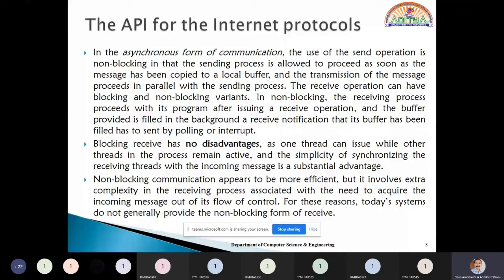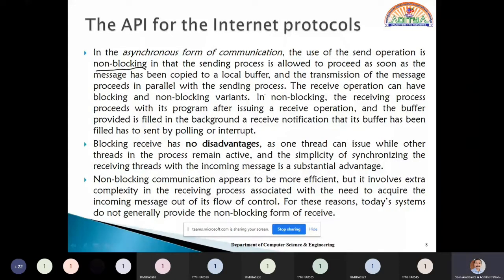It is non-blocking in nature. And the transmission of the message proceeds in parallel with the sending process.